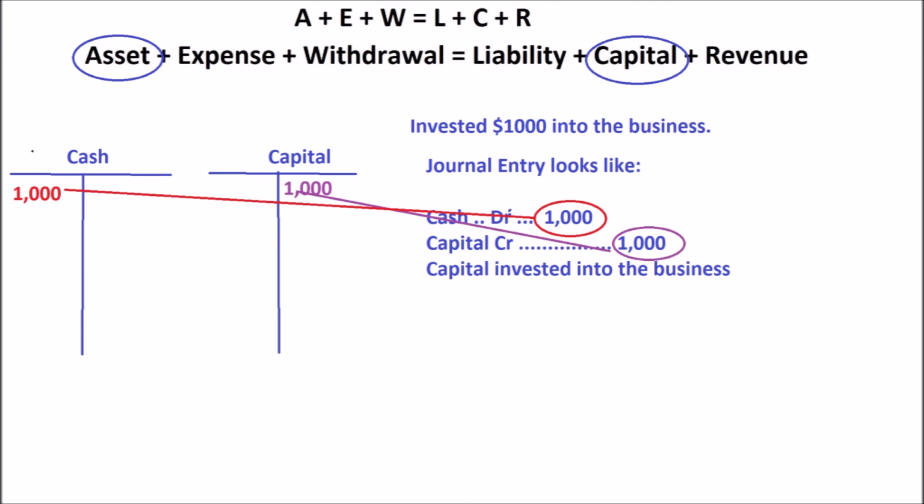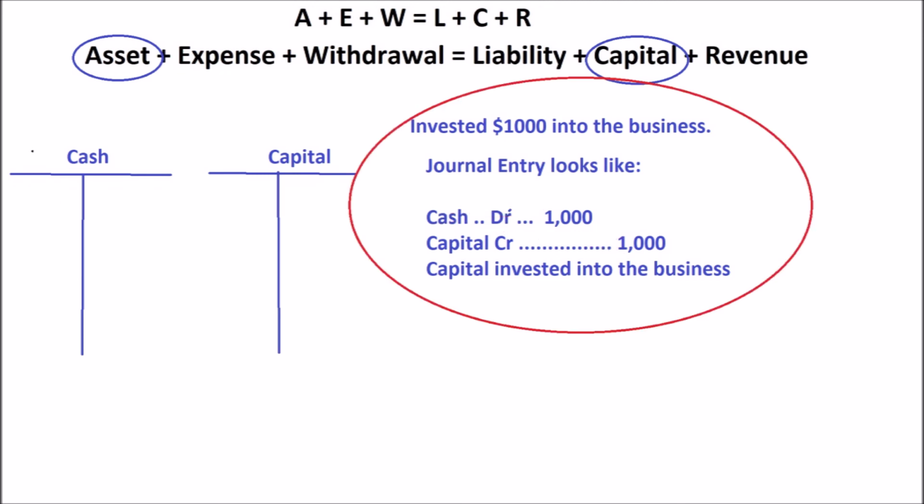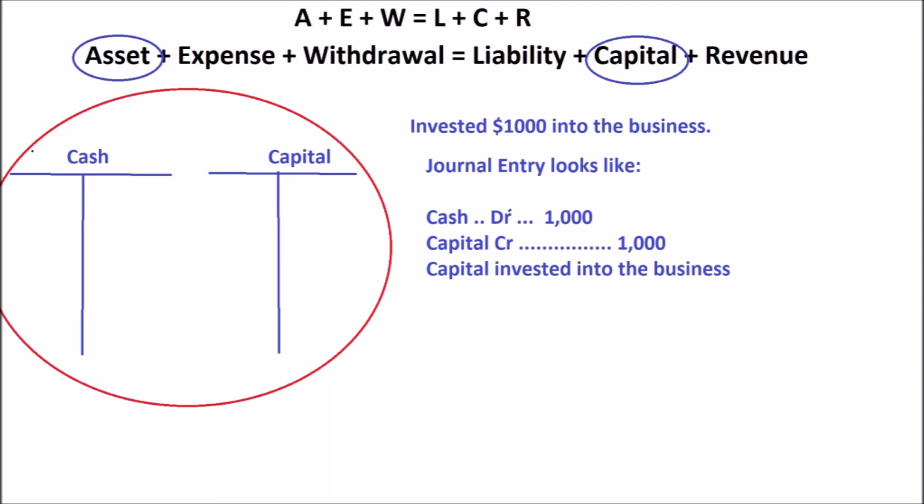So once we analyze the transaction and decide that, hey, yeah, we have to list this transaction in our financial statement, the first thing we do is prepare a journal entry, and this is exactly what it is, a journal entry. After we are done with our journal entry, what we do is prepare a T account, and this is the T account.